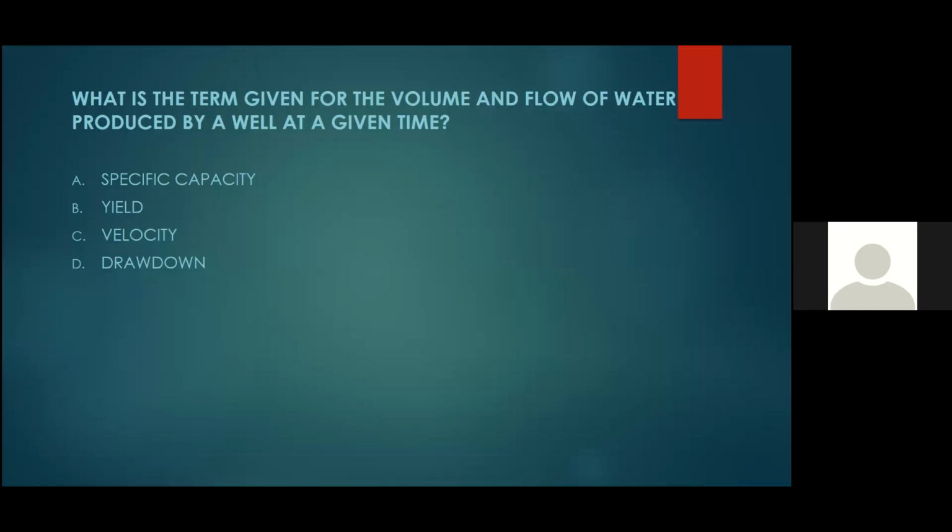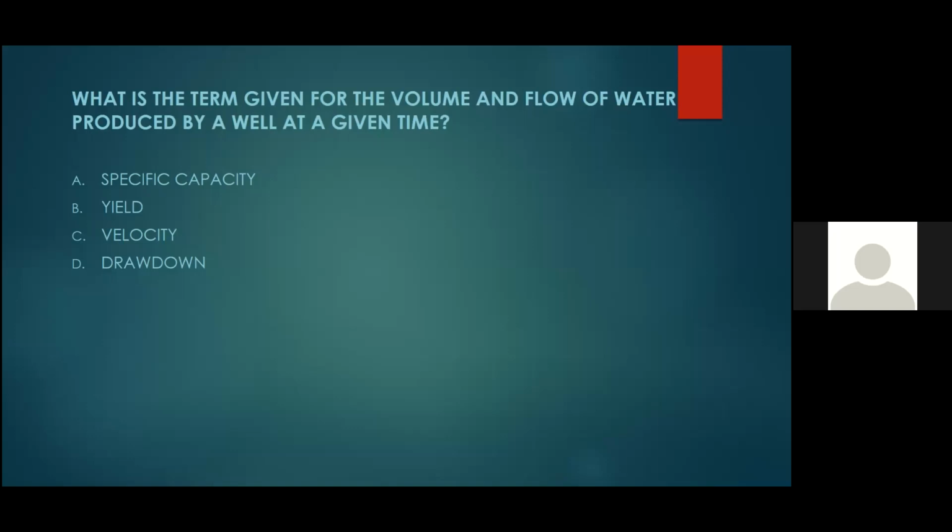If I asked you for the term for the volume and flow of water per meter of drawdown, that would be specific capacity. Yield is how much that well can actually put out.